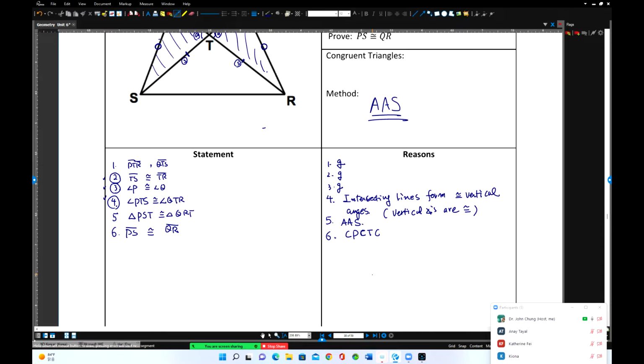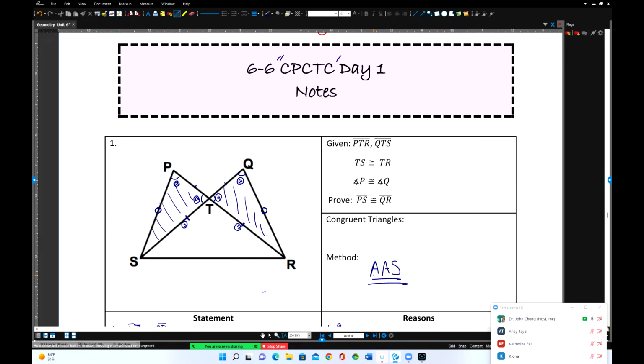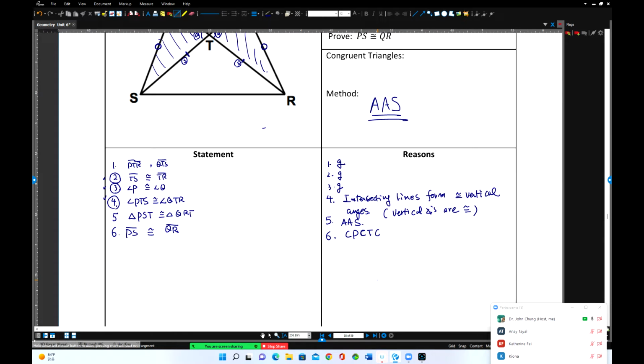Instead of CPCTC, you can write congruent parts of congruent triangles are congruent. You can use this symbol too, but it depends on the teachers. Generally, we use CPCTC.